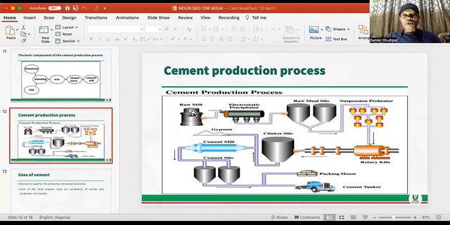We also showed the diagrammatic expression of the cement production process. All the ones we've mentioned theoretically, this is the diagram. From the raw mill to the cement mill, after which the cement is produced, it is now stored in the cement silo.